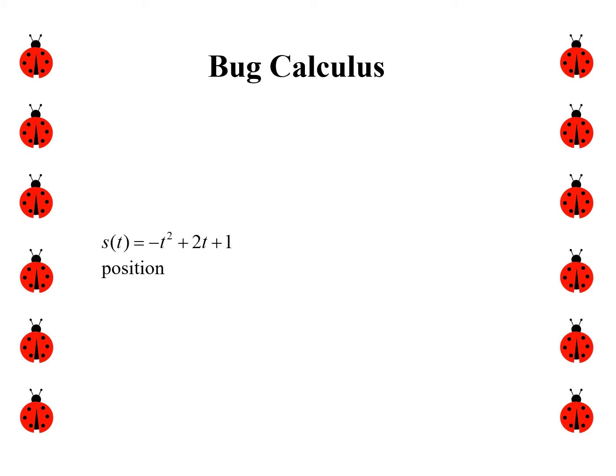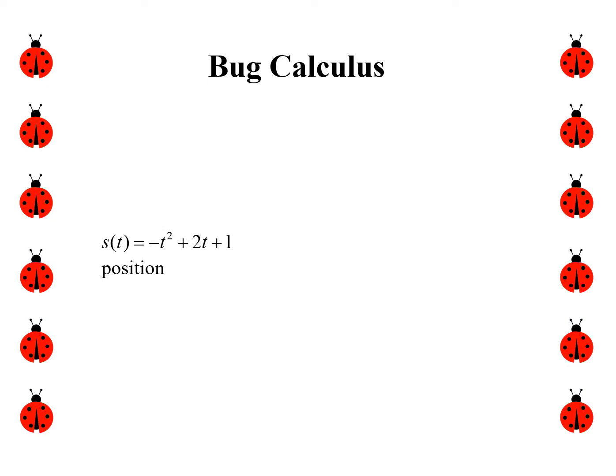S of 1 gives you -1 squared plus 2 times 1 plus 1. That gives you 2 feet. So the bug happens to be at the 2-foot mark on the number line. Not -2 feet, but 2 feet. So if you're thinking of a normal number line, it's 2 feet to the right of 0.